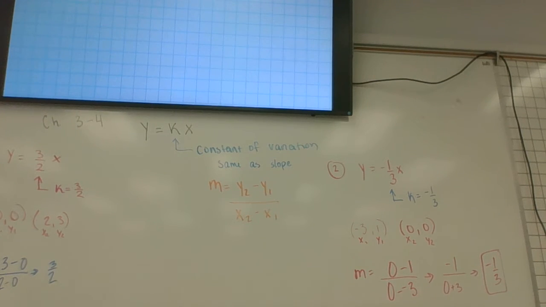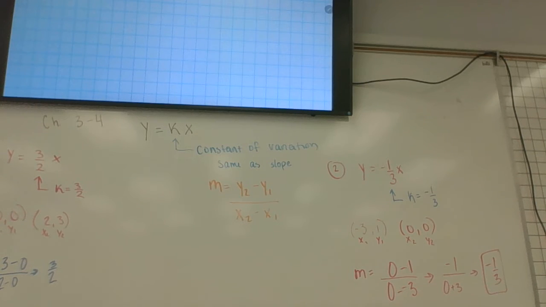All right, now go ahead and create a graph using that rise over run scale. Start at 0, 0, and then the rise over run.